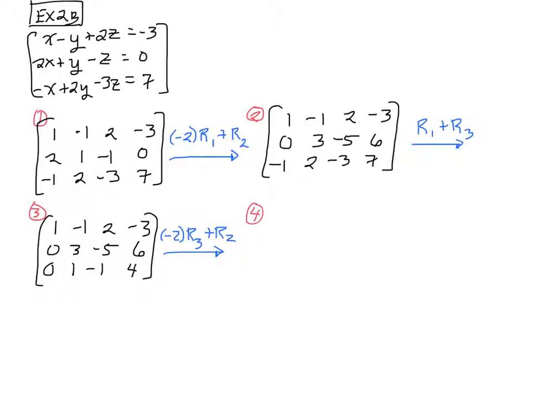So our first row stays the same: 1, negative 1, 2, and negative 3. Our second row is going to change, because I'm going to multiply row 3 here by negative 2, which is 0, and add 0, which is 0. Then 1 times negative 2 is negative 2, plus 3 is where we get the 1 from.